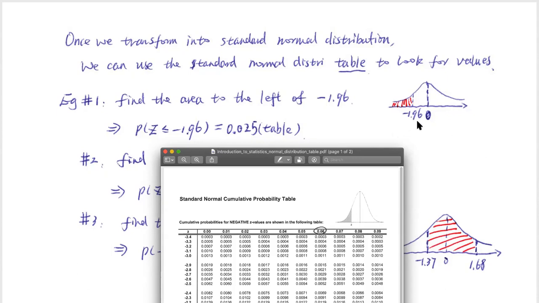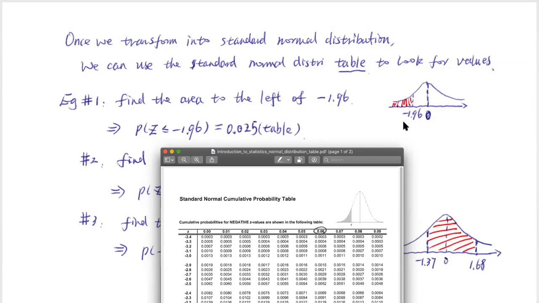We are trying to find the highlighted area, to the left. This curve is from the standard normal distribution, and our goal is to find the probability for this highlighted area. Is that clear?